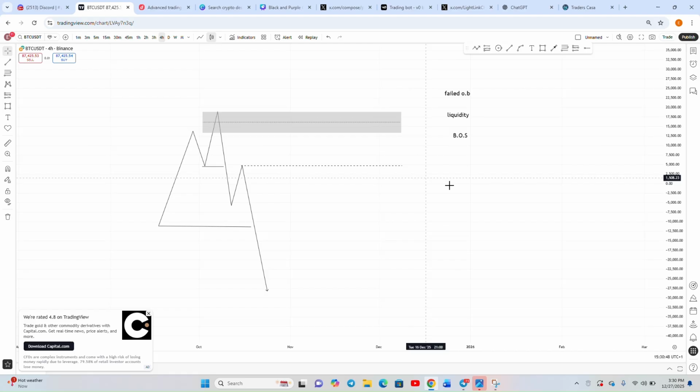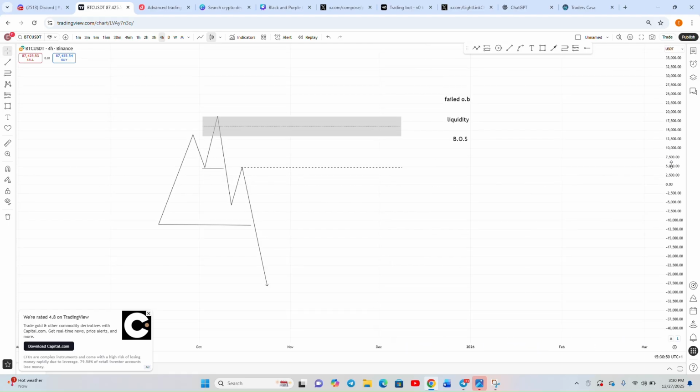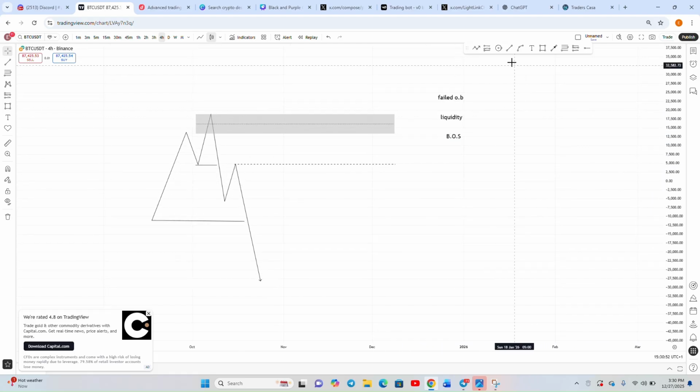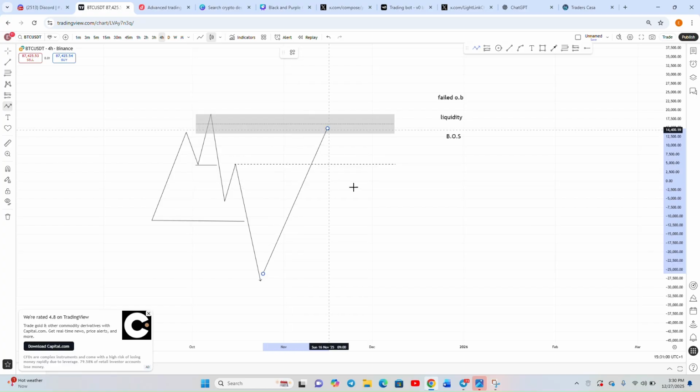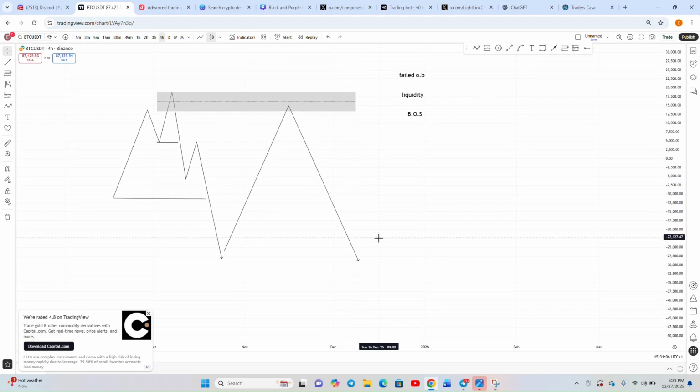So what am I expecting on the 4-hour after I have seen this? I'm going to wait for the market to come back to this order block and then continue the trend. As simple as that.